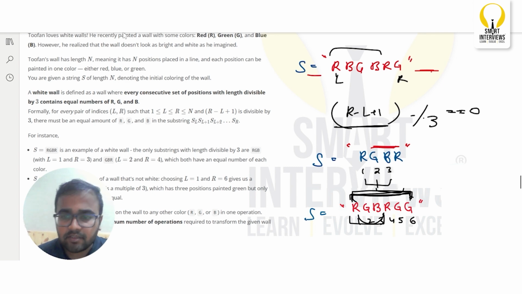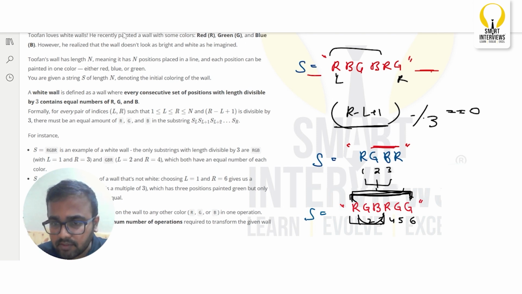Again we'll take 1-based indexing 1, 2, 3, 4, 5 and 6. Now here, how many substrings have length divisible by 3? This is a substring, this is a substring, and this is a substring whose length is divisible by 3, right? It is not a white wall. Why? Because if you observe this substring, the numbers of R's, G's and B's are equal.